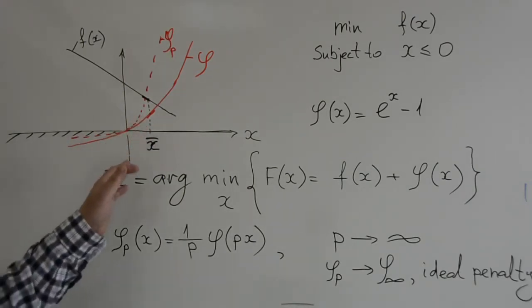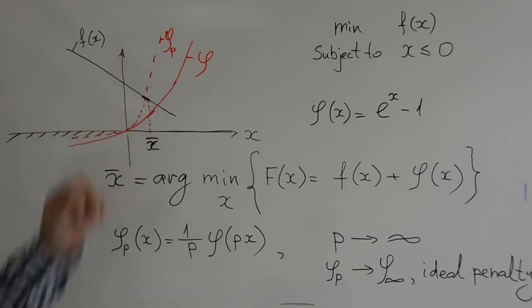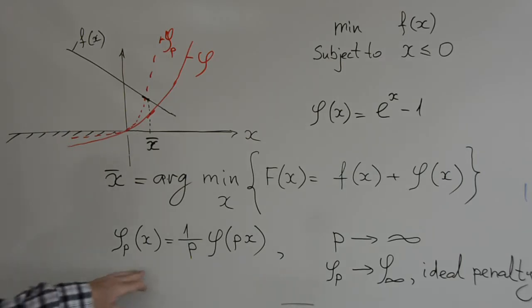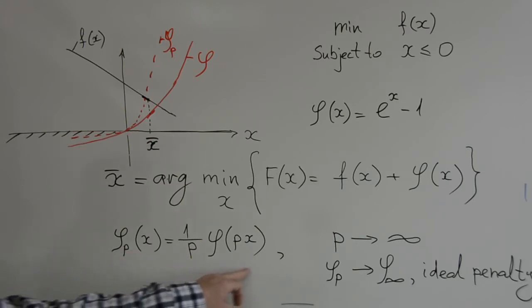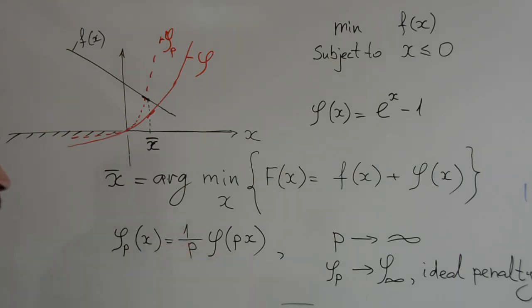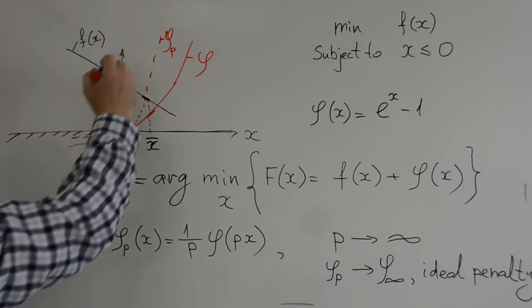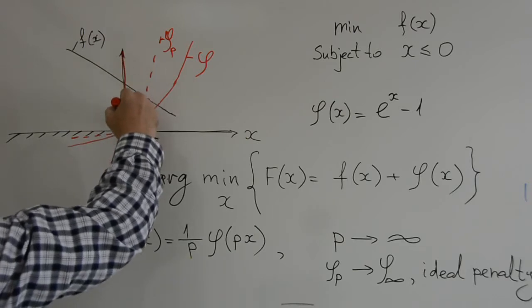As you can see, our solution is not very accurate. What can we do to make it more accurate? We can build a family of penalty functions. For example, I can parameterize this with parameter p in this way, written here as 1 over p phi of px. And as parameter p grows, my function phi p will become more and more close to the so-called ideal penalty function.